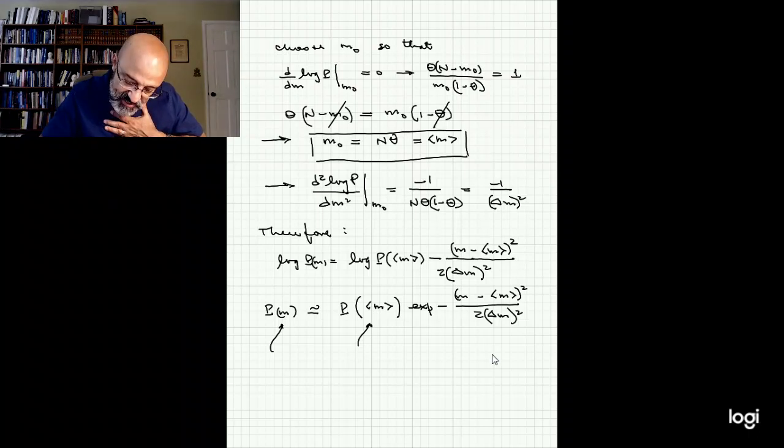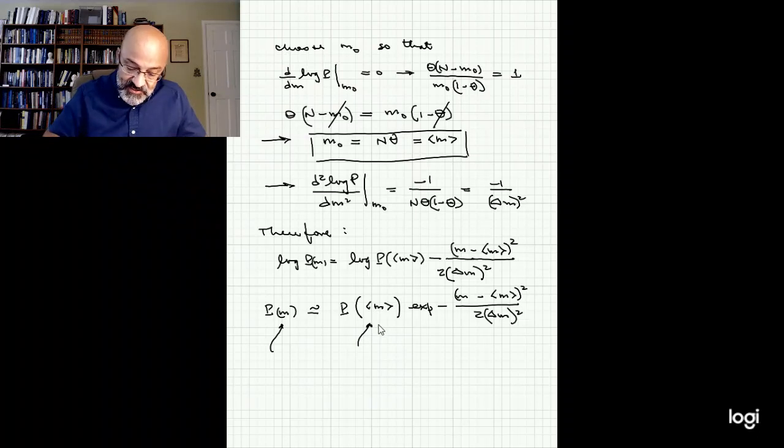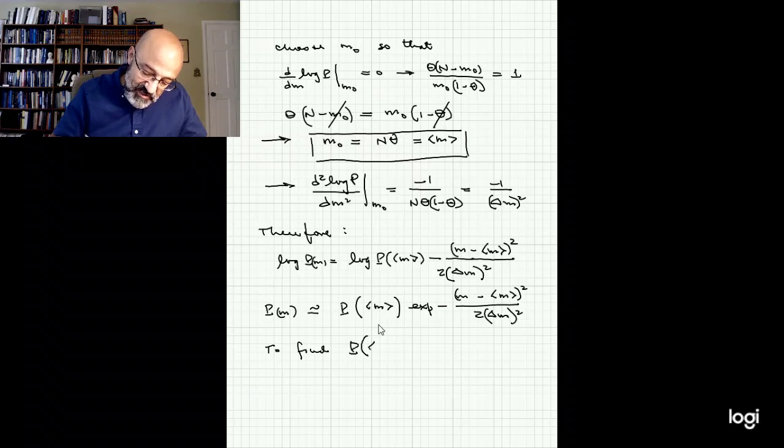This object here is just a constant, while all the dependence on m is contained back here. So one of the things we could do is recognize that this overall constant is just a normalization. So to find what this object here is, just impose that the probability be normalized.